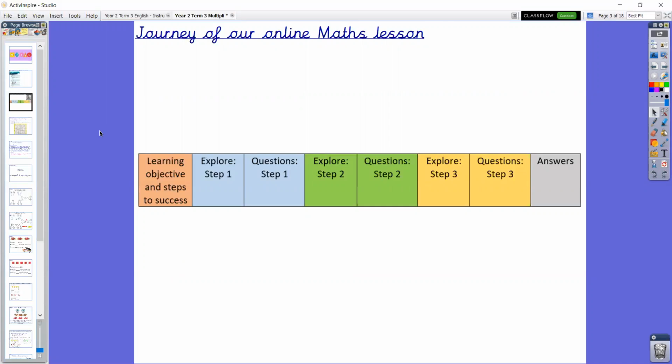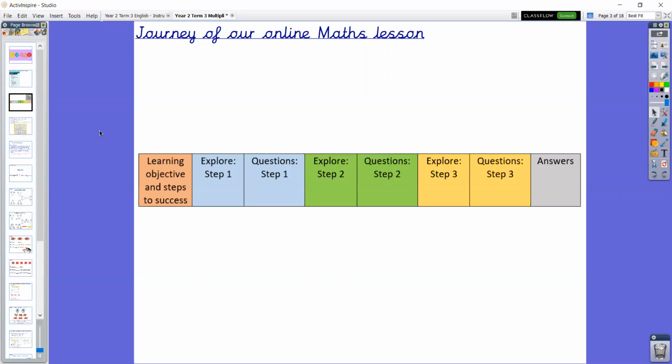This part of the lesson is where the learning is put into the children's hands and they explore mathematical concepts with one another, engaging in mathematical discussion before going back to their tables to answer questions independently and progressing through step 1, 2, 3.